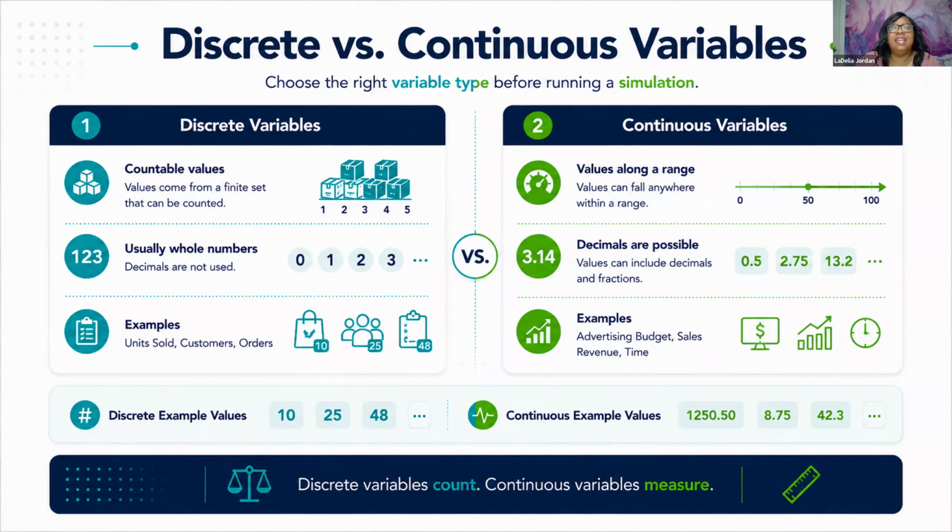Marketing spending is continuous because the amount can include dollars and cents. Now, the simulation formulas need to reflect the differences. A discrete formula should return whole numbers. A continuous formula may return decimal values. Selecting the correct value type helps the simulated data represent the real world variable more accurately.